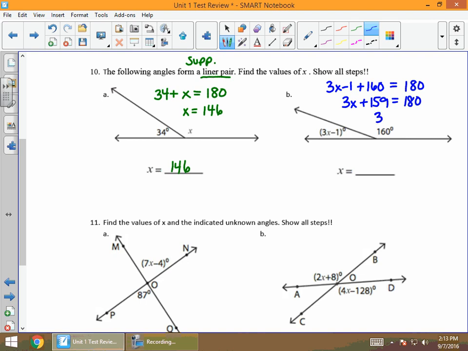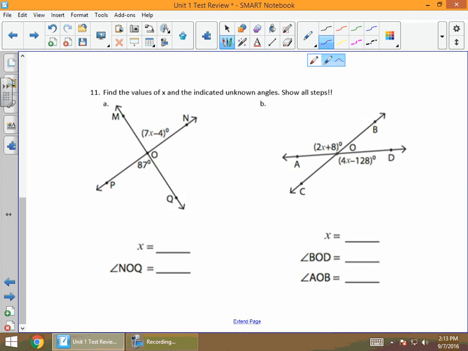So 3x is 21. Divide by 3, and x is equal to 7. So you should get x to be 7. You can put measurements on there, degrees, but a lot of times when we're just solving for a variable, many times we don't put the unit on a variable unless we're trying to find a distance or an angle measure. So for number 10, part A, 146, part B, 7.